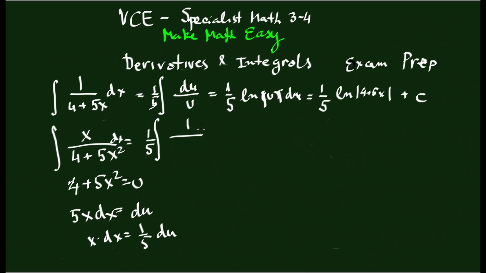So now, applying this substitution, we get 1/5 of du, and we have 4 plus 5x squared is our u. So that's our u.